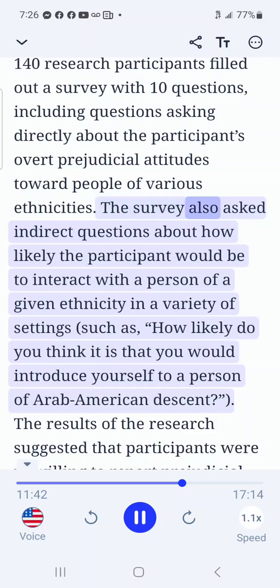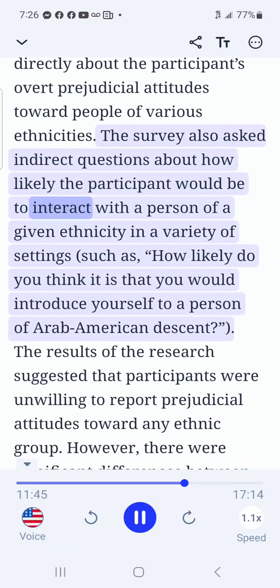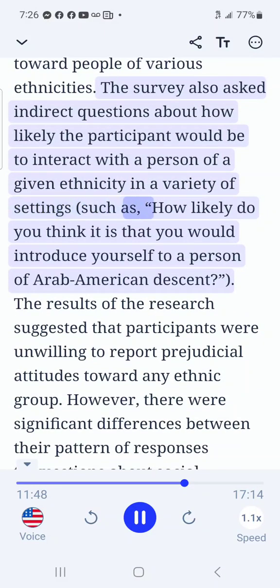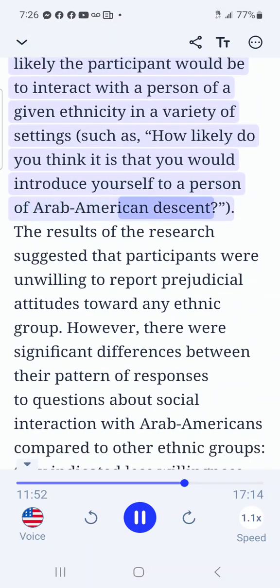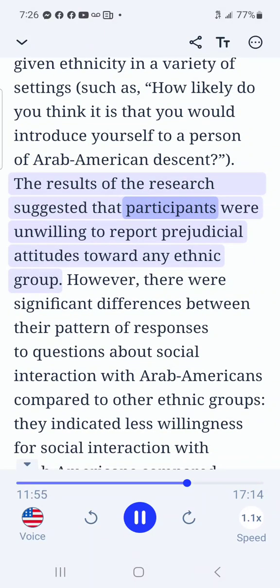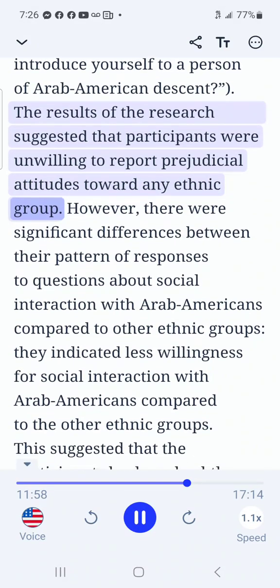The survey also asked indirect questions about how likely the participant would be to interact with a person of a given ethnicity in a variety of settings, such as, how likely do you think it is that you would introduce yourself to a person of Arab American descent? The results of the research suggested that participants were unwilling to report prejudicial attitudes toward any ethnic group.